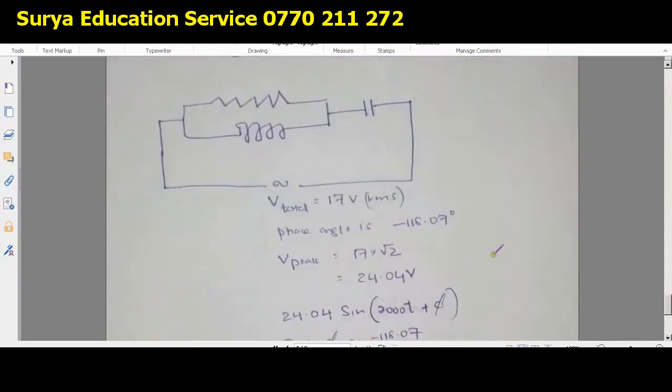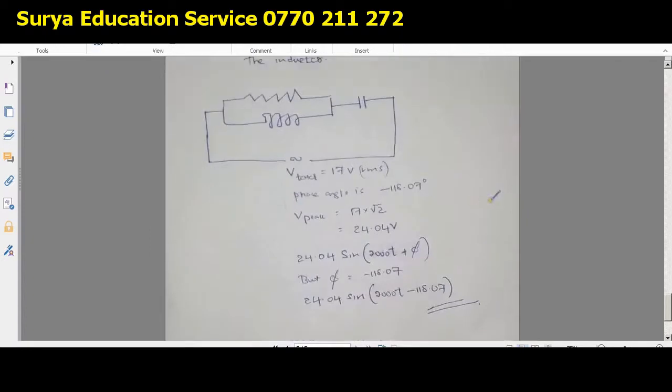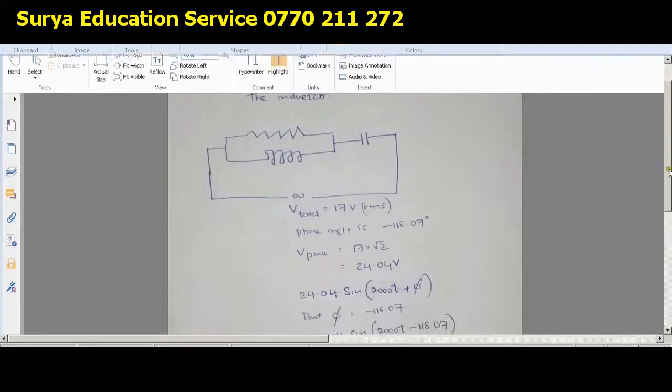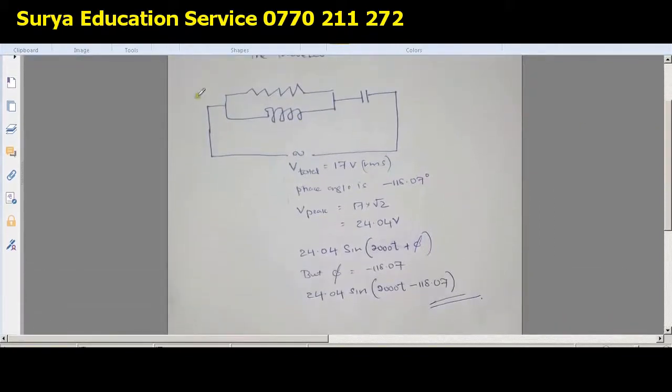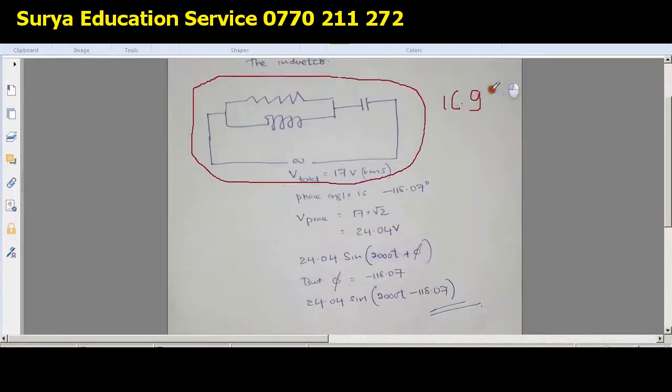Now here we have evaluated the total voltage, but there is one thing you have to consider if you are going to consider this circuit diagram. What is the total voltage? Either you can consider 16.99 or 17. Let's say we are going to consider 17. So our voltage is 17 volt.